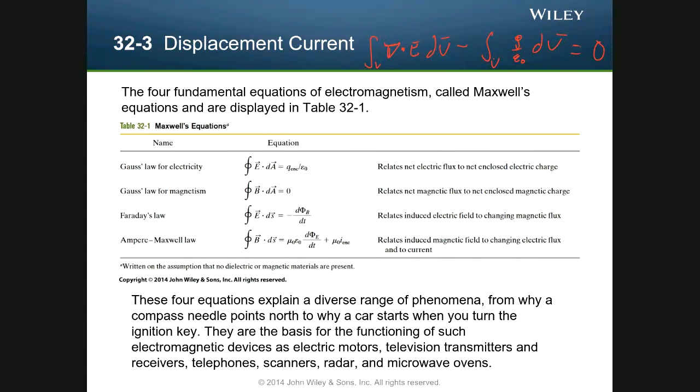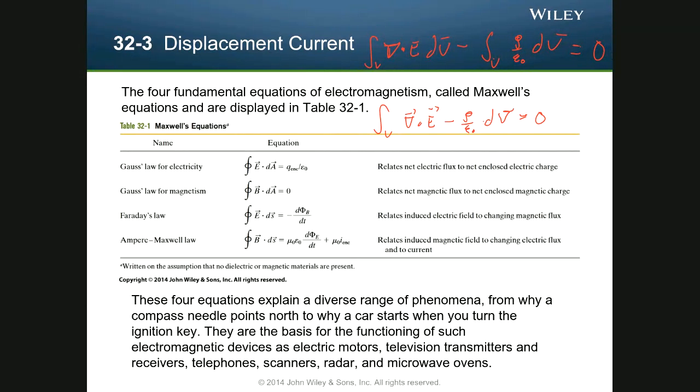But now they're both volume integrals, so I can write this as the volume integral of del dot E minus the charge density over epsilon naught, dv, equals 0.